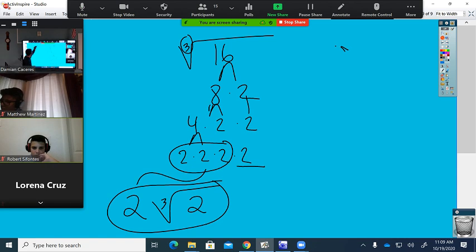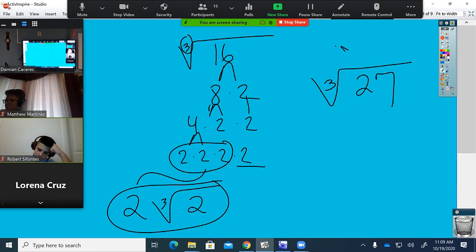So try this one. Cubic root of 27. Alright, 27 is 9 times 3. 9 gets broken down to 3 times 3.